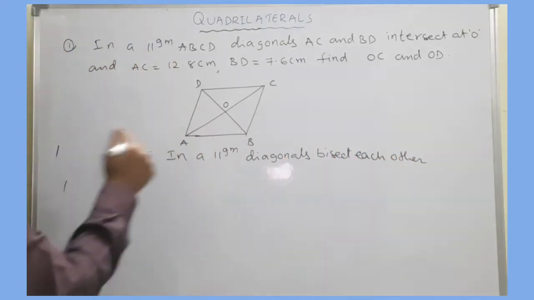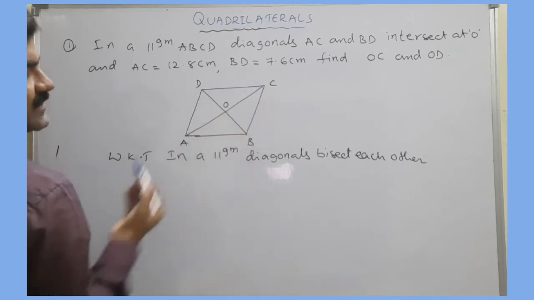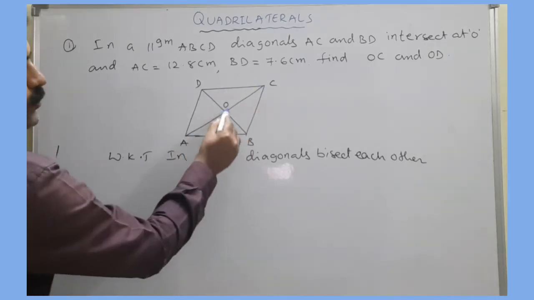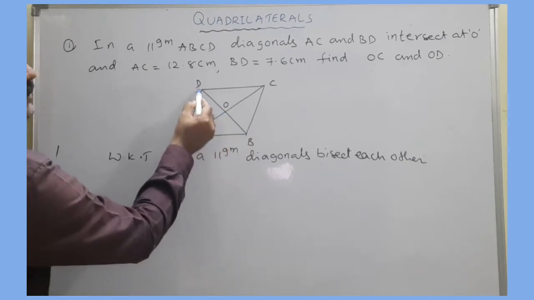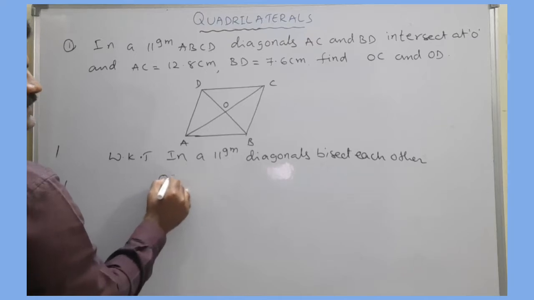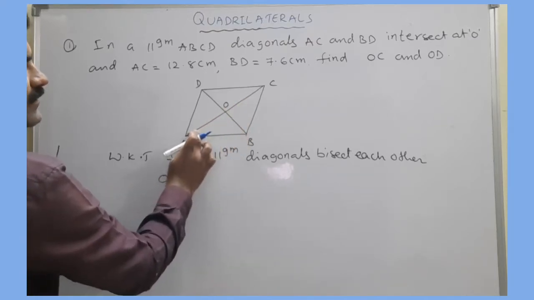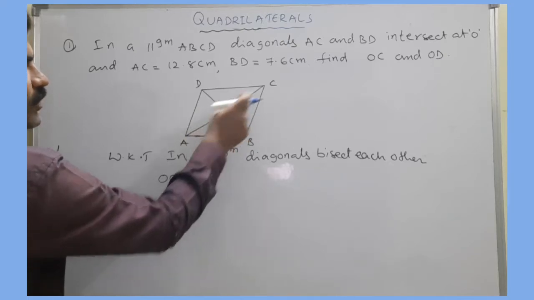That means OA is equal to OC. Even OB is equal to OD. Now what do we want? OC. So OC is equal to OA. Hence O is the midpoint of AC.